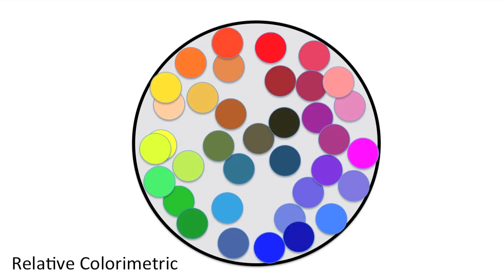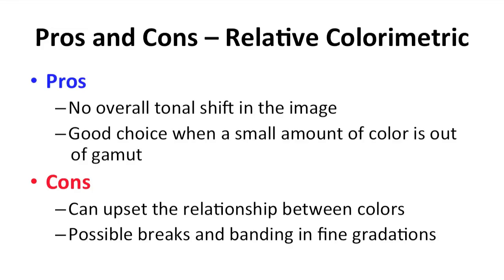Now there's advantages and disadvantages to this. The advantage is there's no real tonal shift in the image when you move these few colors in. They get put into an appropriate place that makes sense. If you don't have a lot of color out of gamut, it's a really good choice because it's going to cause very little color shifting in the image. Now the downside can be, because these colors are getting moved into gamut and the colors that were already there stay where they are, the relationship between those colors can change.